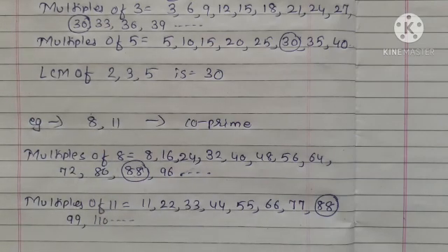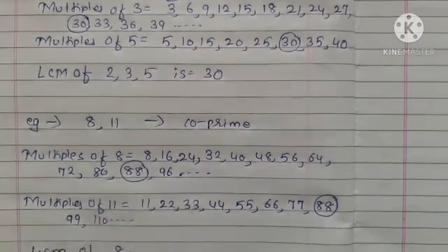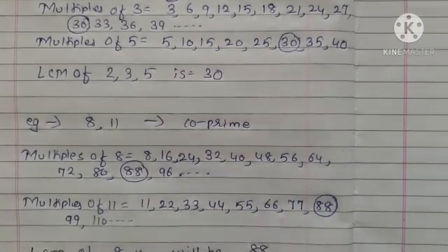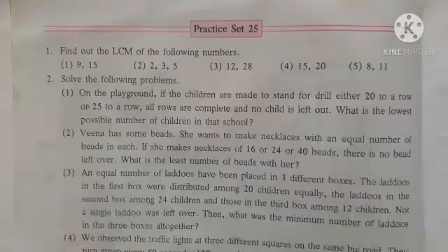So, if we are finding the LCM of any co-prime numbers, their LCM will be their product only. So, here LCM of 8, 11 will be 88. Okay children, I hope you all have understood this.